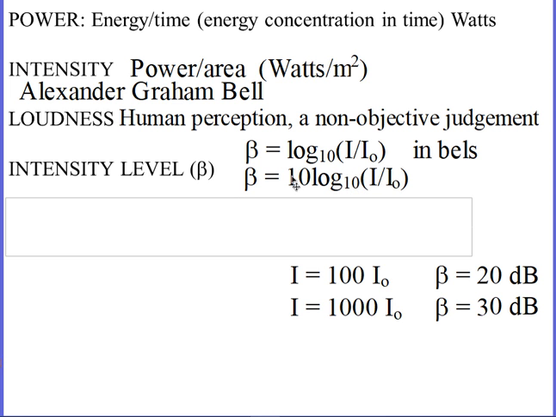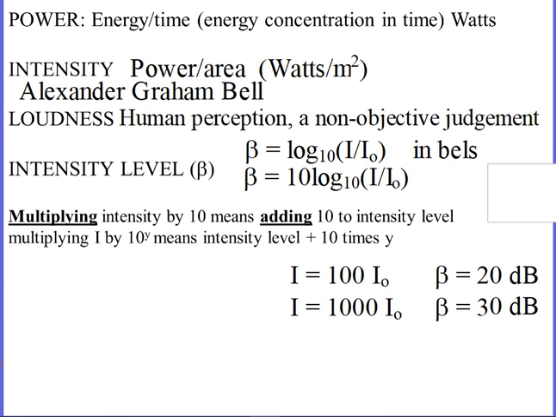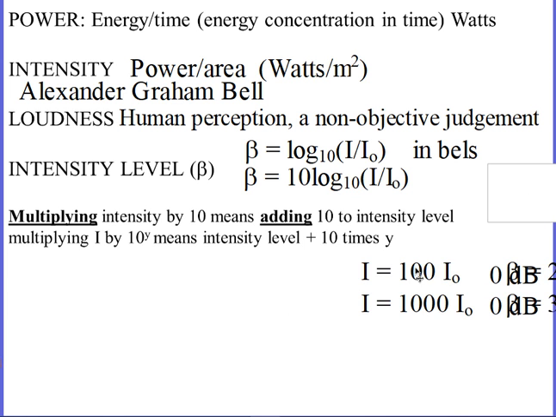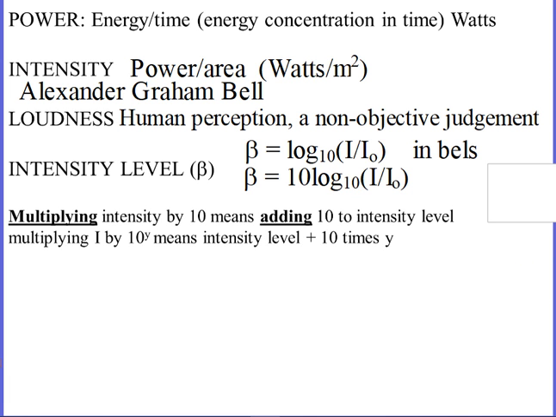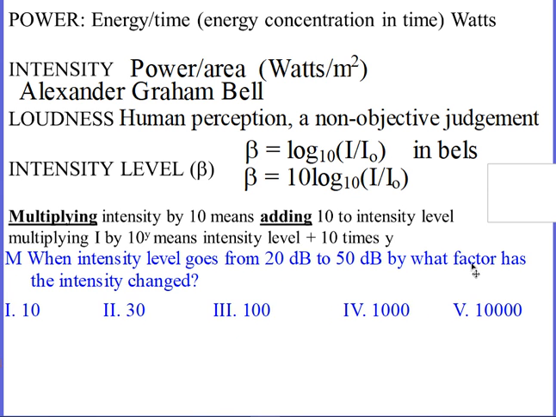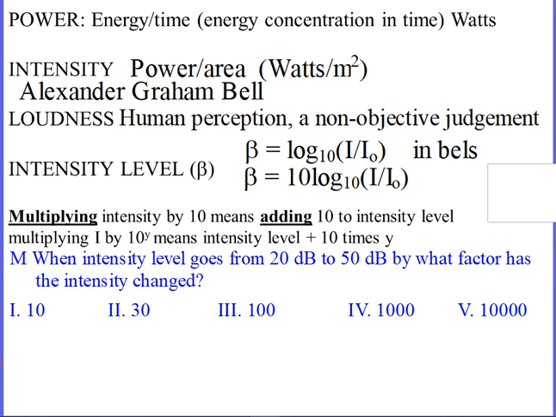But this 10 is here because we're measuring the intensity level in decibels. You have this on your worksheet, and I just said that, but it's there for you to look at, especially as you do this problem.